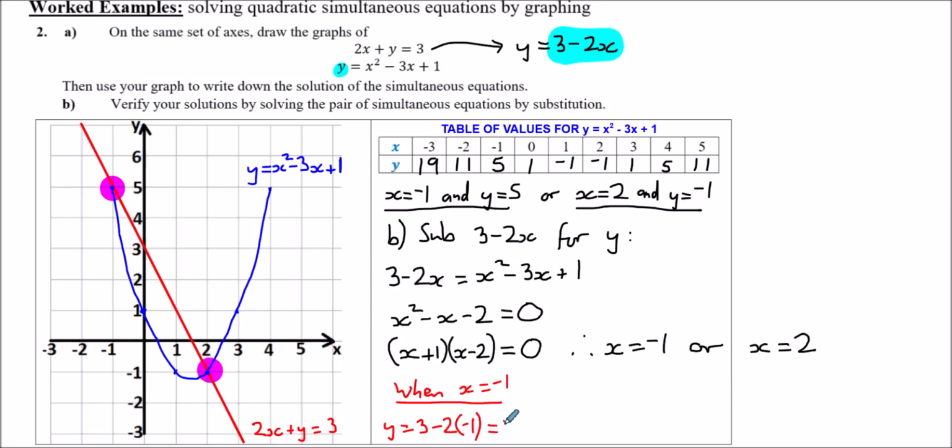So y is going to be 3 minus minus 2. In other words, 3 plus 2, which is 5. In other words, when x is minus 1, y is going to be 5. So that's one solution pair.